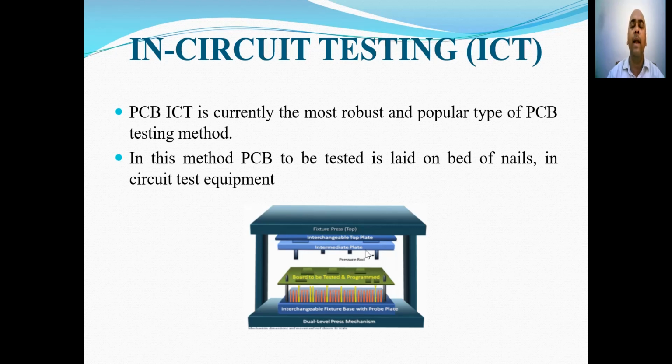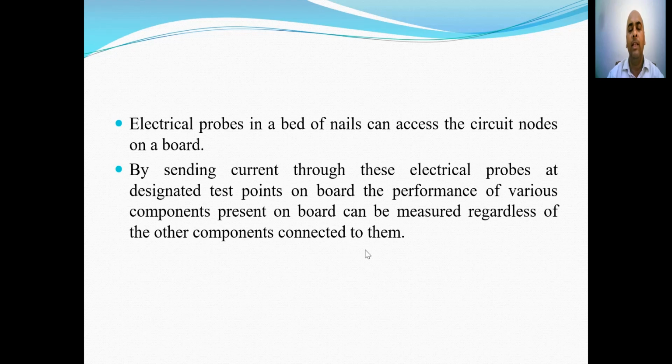There may be a large number of nails in the equipment, depending upon the board that we are using. The electrical probes in the bed of nails can access the circuit nodes on the board.